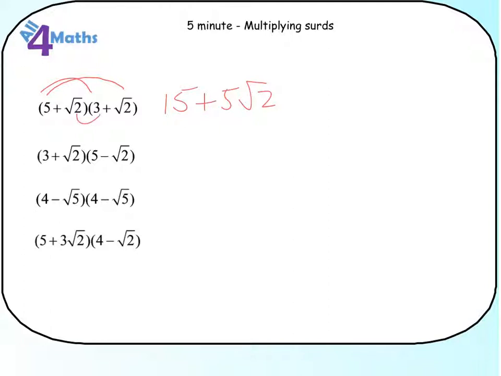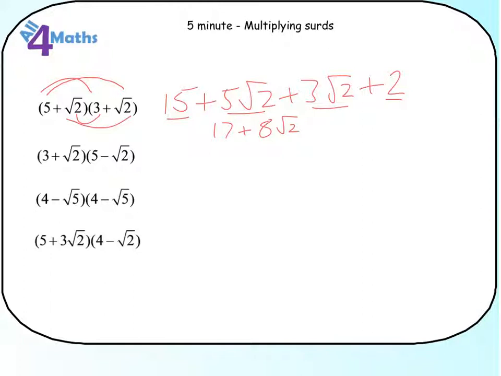Root 2 times by 3, so add on 3 root 2. And then root 2 times by root 2, which is just 2, so I'm adding on 2. Then just got to simplify this by collecting the terms together. So I've got 15 plus the 2, which is 17. And I've then got 5 root 2 plus the 3 root 2, which is 8 root 2.